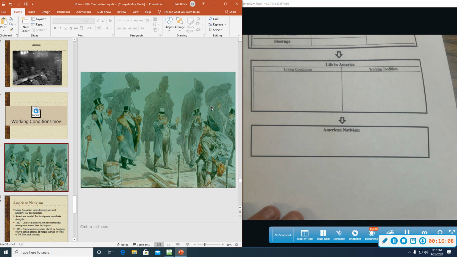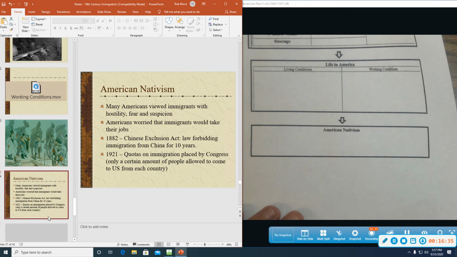Some people took advantage of the situation and would greet the immigrants coming off the boat and offer them assistance with housing and with a job, but there were strings attached, and I'll teach you that when we learn about Boss Tweed and political machines. So anyway, this is showing the hostility, suspicion, and fear of the old immigrants towards the new immigrants coming at the time, and that word is nativism.